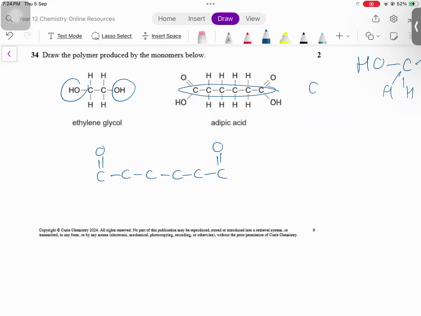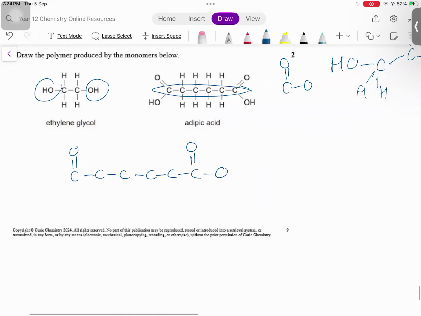And then I just make the ester link, which looks like this. So O on either side. And then once I've got that, I don't put the OH from the acid. Notice how I went C double bond O with a single bond O, but I don't have the H. I'm just going to go O, and then I'll do the carbon chain for the other monomer, this CC here.